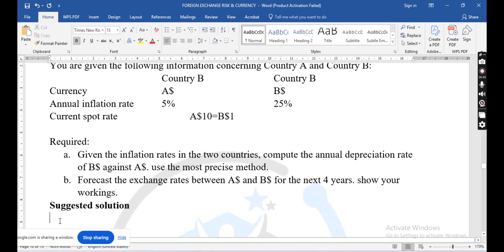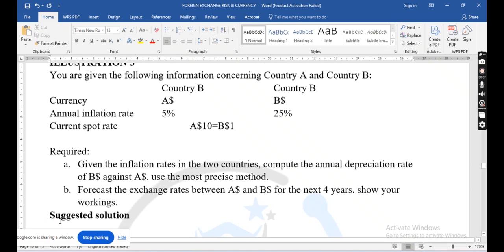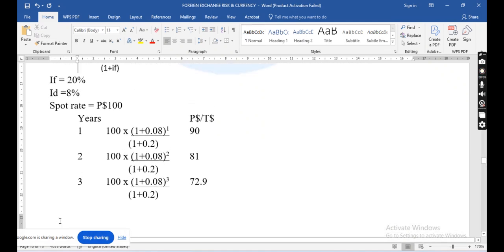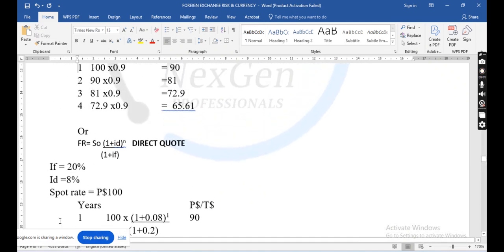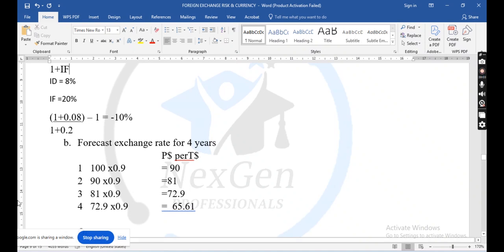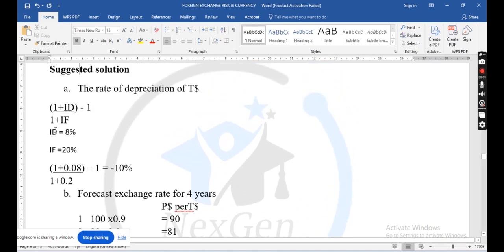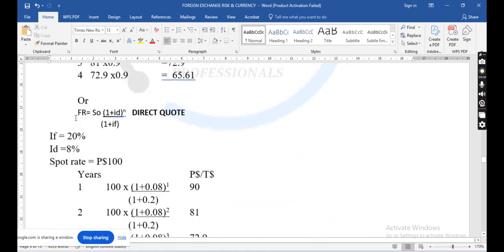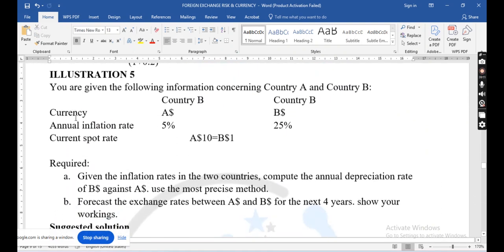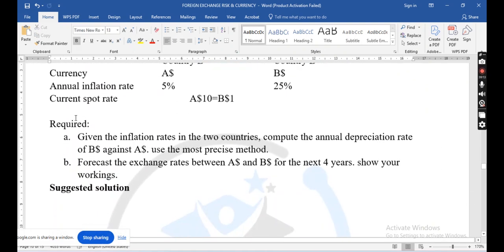Now, we need to calculate the annual depreciation rate. Class, what is the formula? Please don't forget that in this formula of depreciation, the bracket is for both numerator and denominator. I will correct that when I send the material.